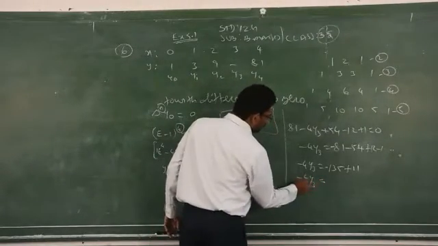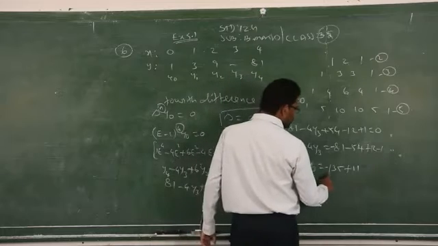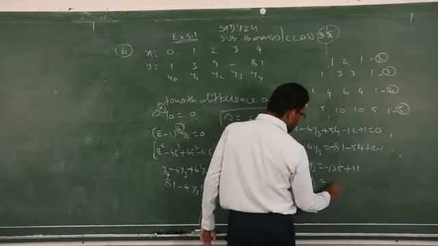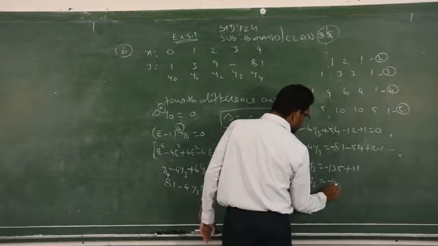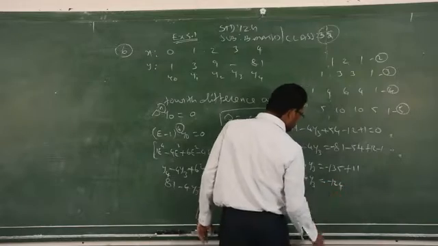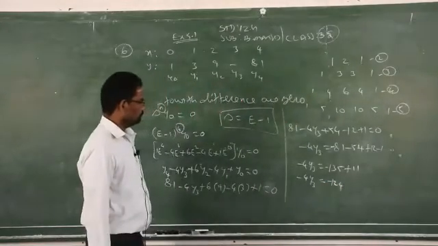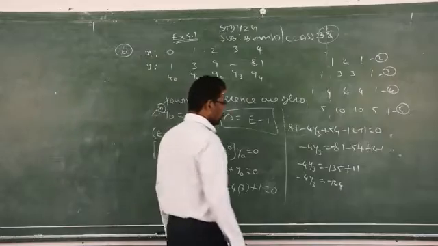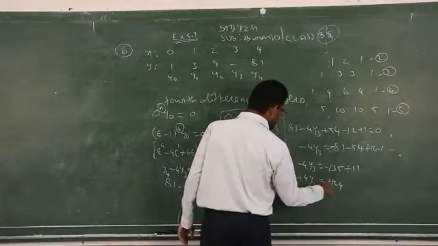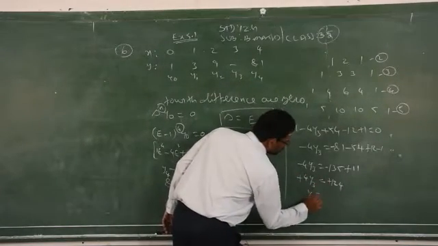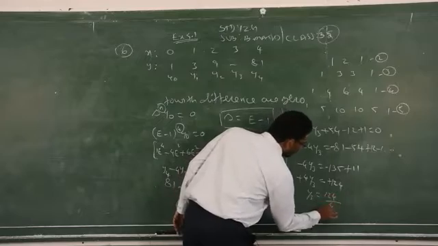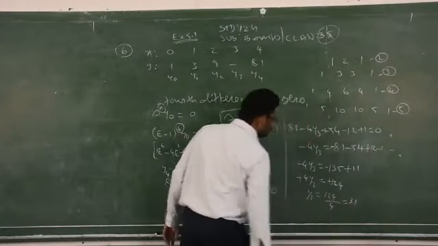Use the calculator. Minus 135 plus 1 will give you minus 124. Both sides' minus gets cancelled. So y3 is equal to 124 by 4, which will give you 31.